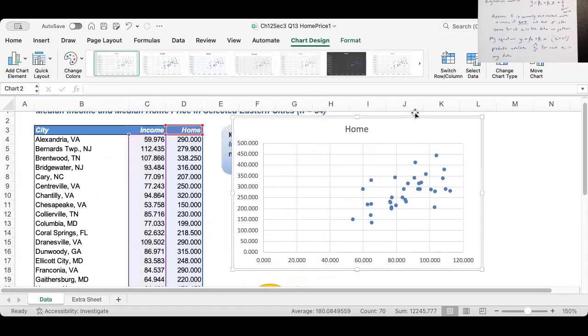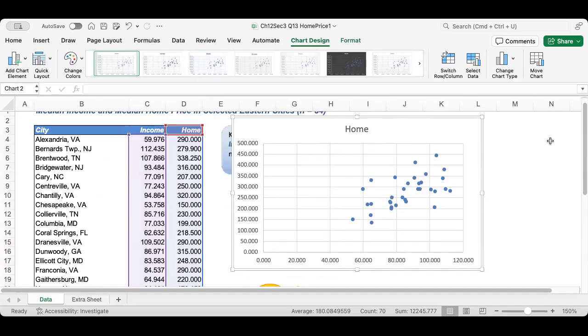Here we go. Here is our information in a scatter plot. Before I do anything else, do we have a relationship here? What do you think? Are these two items correlated?